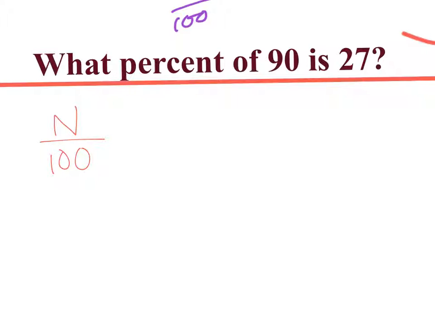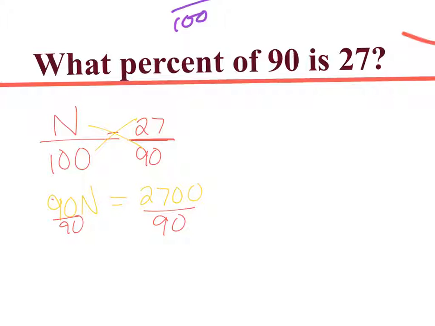That means they want to know, out of 90, 27 out of 90 is what percent? And now you cross multiply. You get 90n is equal to 27 times 100 is 2700. Divide by 90, divide by 90.